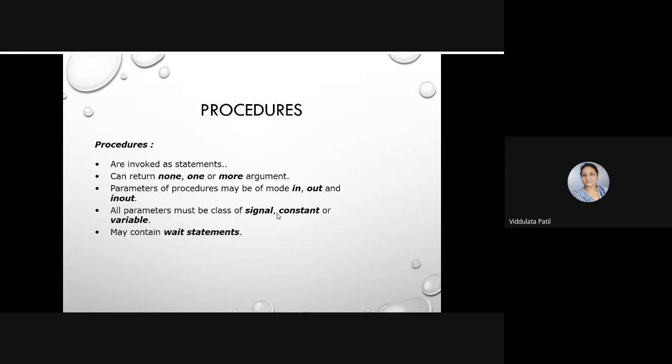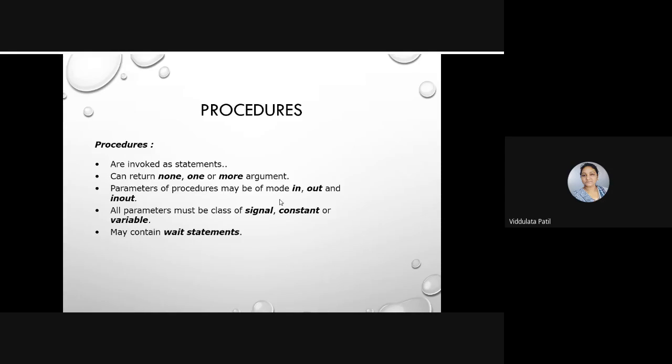and in out. That means in a procedure, parameters may be of mode in, mode out and mode in out. Okay, only buffer mode will not be present, but otherwise these three modes will be present in a procedure. Okay, then these are called statements. It can return, as I said earlier, none, one or more parameter values.